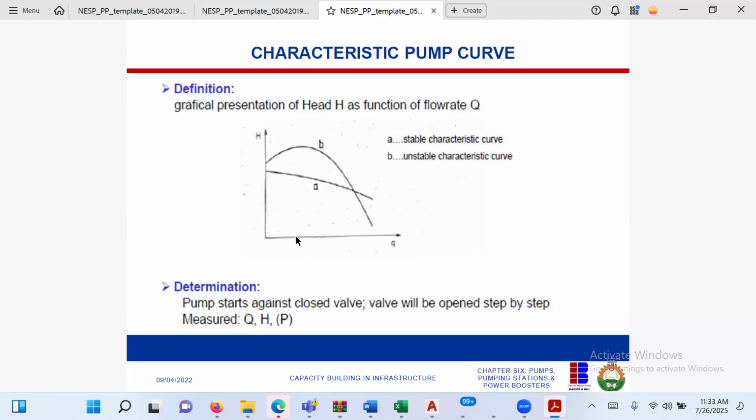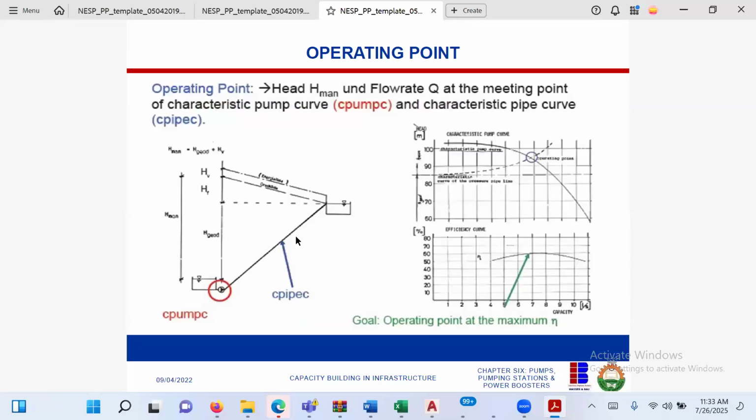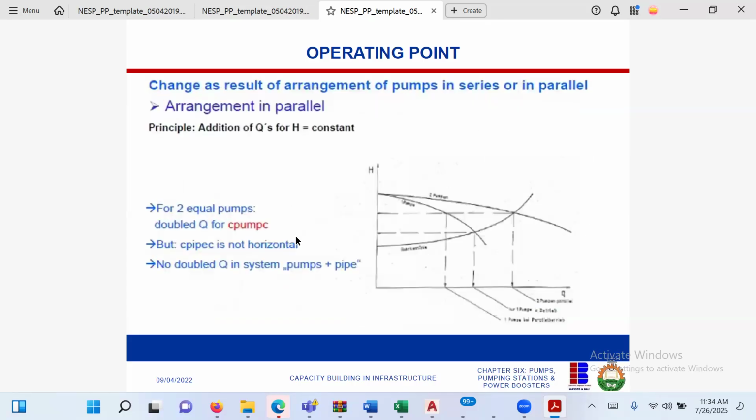So the pump curve, we'll come to all this when we come to the software application, but to size any pump, you need key parameters: the discharge, the frictional loss, and the head. Then the operating point of a pump. When we read all this, we understand them.